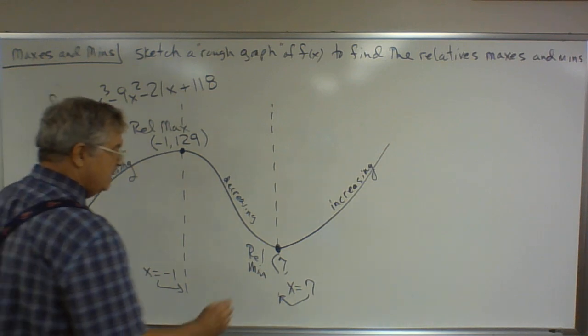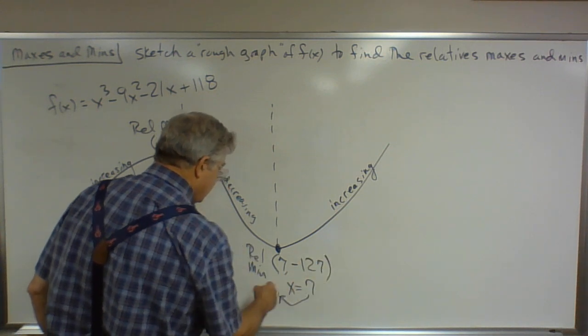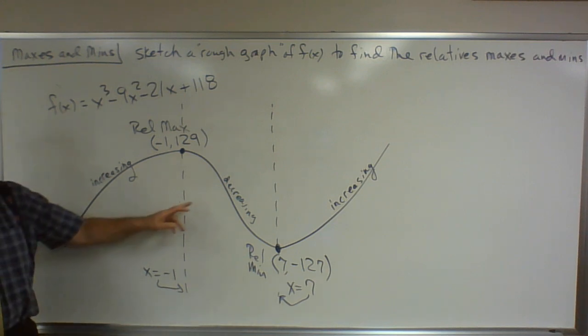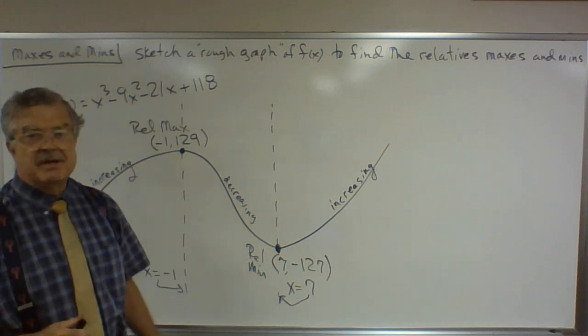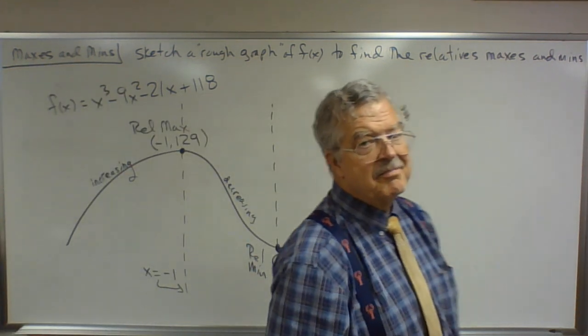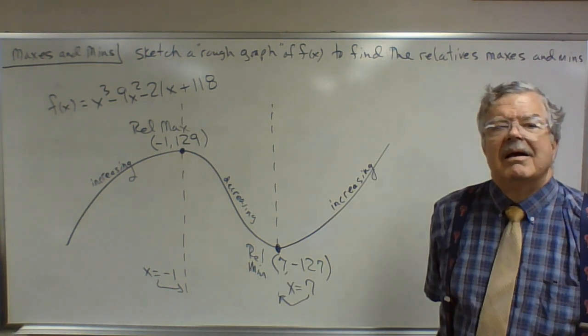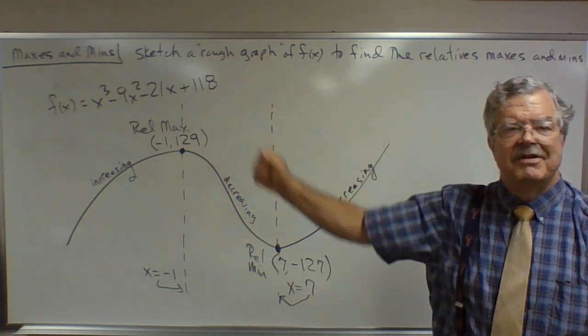And what did I get? It's going to be negative 127, relative min. Okay, we know where f of x is increasing and decreasing. We know what the relative max and relative min is, or what the relative maxes and mins are. Okay. Onward and upward to concavity.